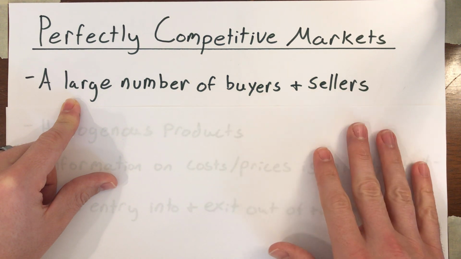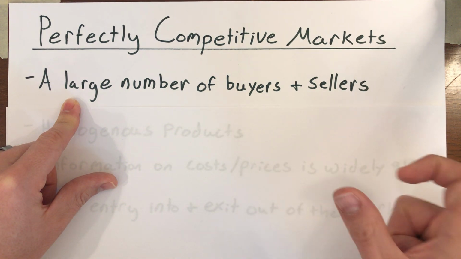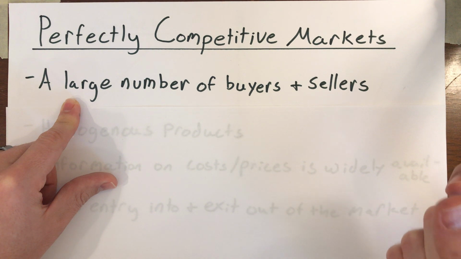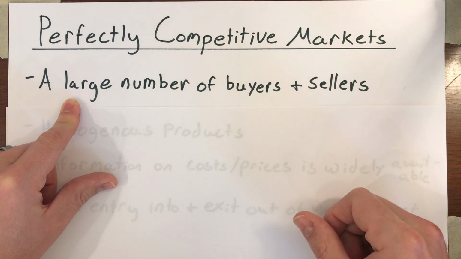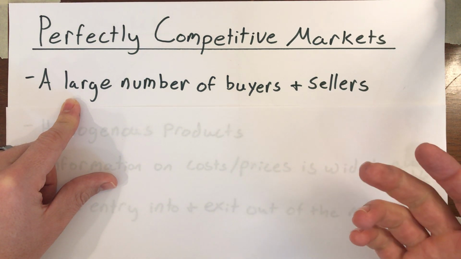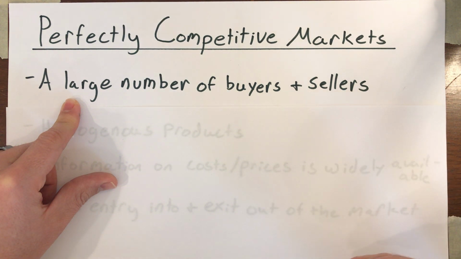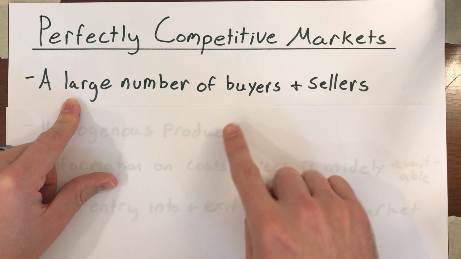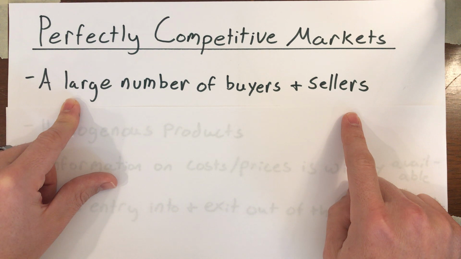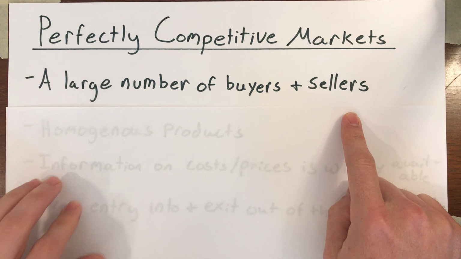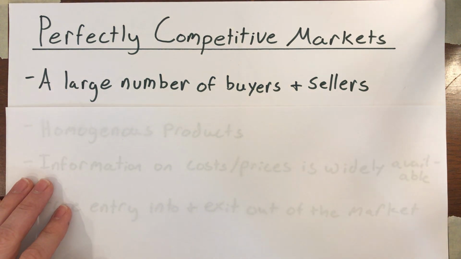There has to be enough of these that if one of them tries to adjust their output, adjust their quantity, that doesn't have a big enough impact on the market as a whole to push the price up or down. The buyers and the sellers in a perfectly competitive market are what we would call price takers. Okay, they're not actively setting prices. They're sort of passively looking at what the price is that's generated by the market and just going along with that price.